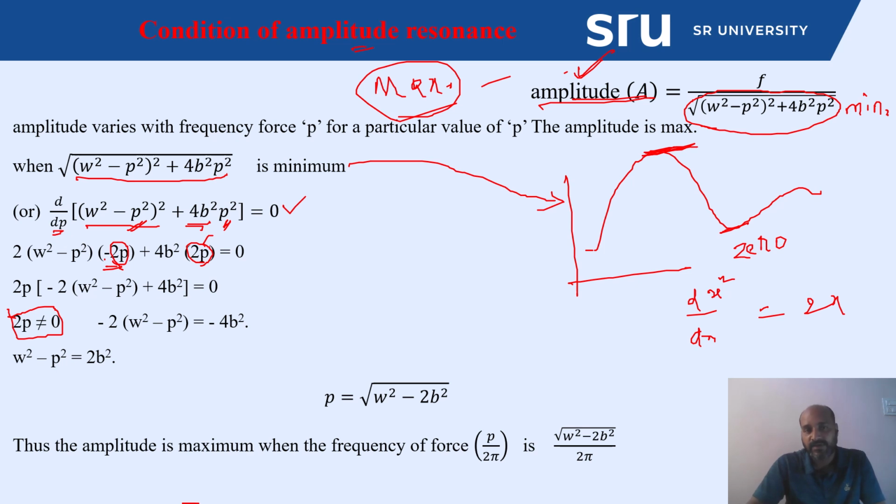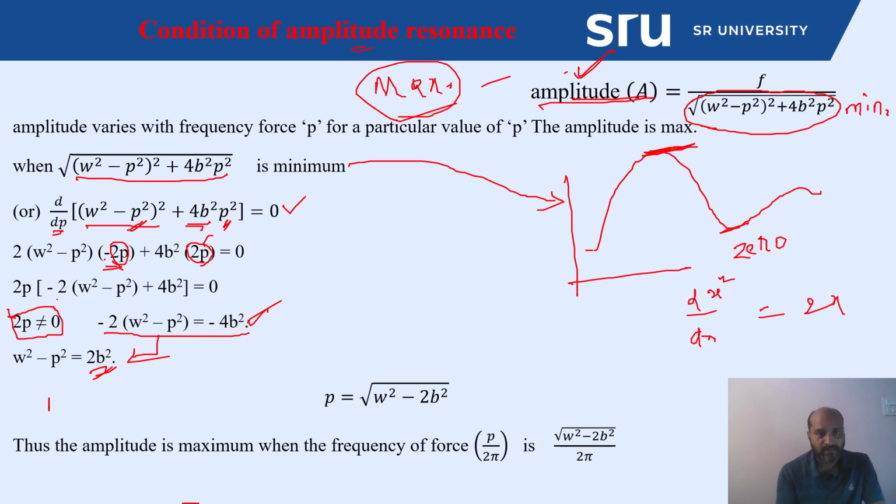So definitely the second factor will be 0. I mean minus 2 of (omega square minus p square) plus 4b square is equal to 0. If you simplify this, omega square minus p square is equal to 2b square.